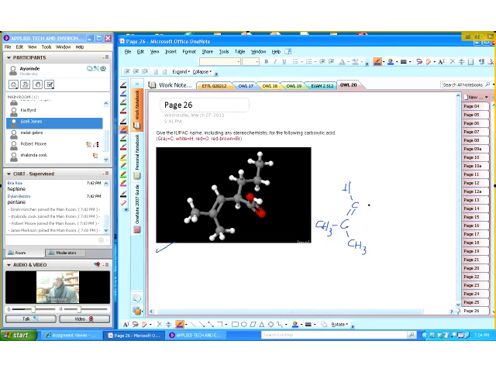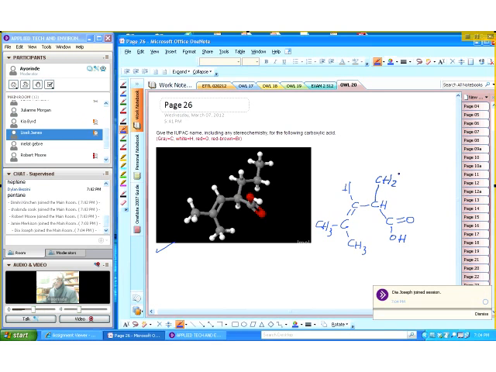And then we have here a CH attached to a carboxy group. And then here we have a CH2 attached to that. And then attached to that is another CH2. And then attached to that is a CH3.